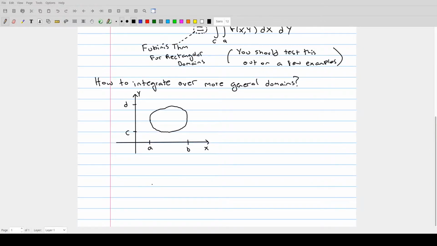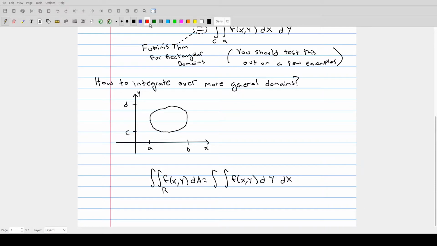It's always going to be of the form of an iterated integral, the double integral over R of some function f of x, y. This is going to be an iterated integral of the same function, but we have to choose an order. So in this case we'll do dy dx, and then we have to figure out what the new bounds are going to be.